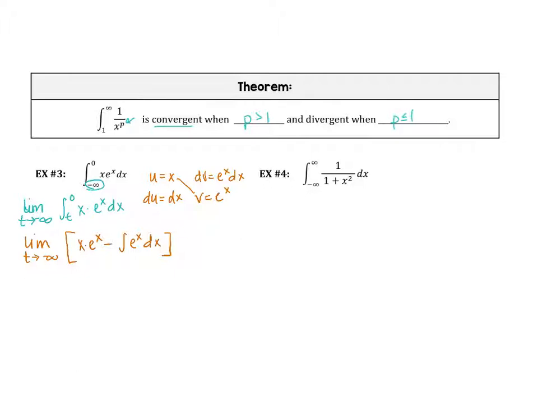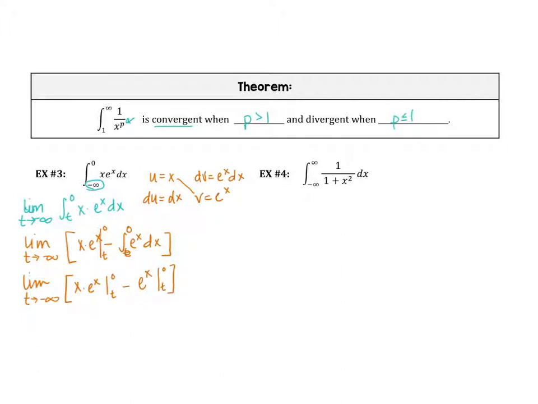We have our limit as t approaches negative infinity of, oh, and I need to put in my endpoint, sorry guys, from t to 0 up here. And I'm also evaluating this from t to 0. So now we're ready to go ahead. We have our x times e to the x evaluated from t to 0 minus the integral of e to the x is just e to the x, and that's evaluated from t to 0.